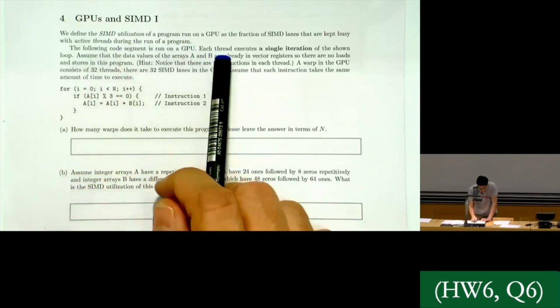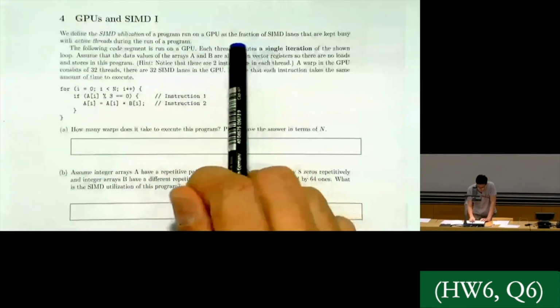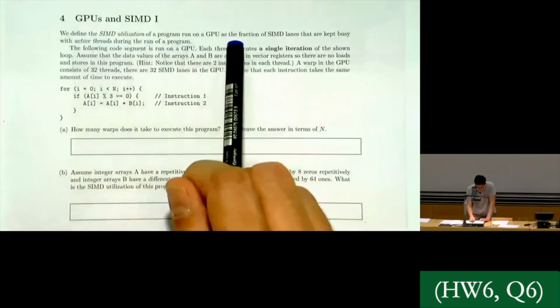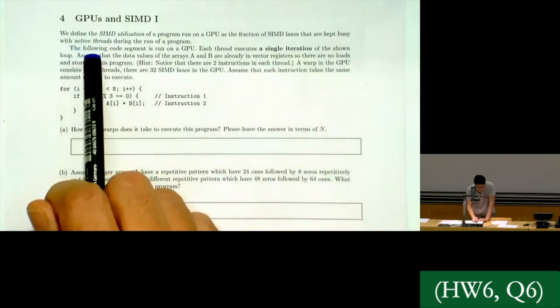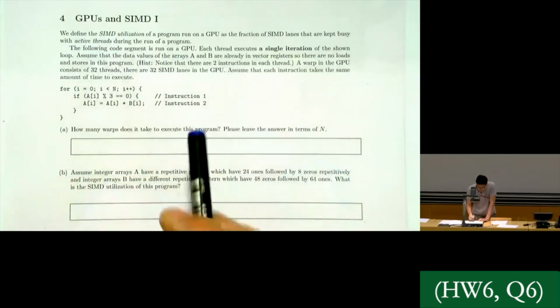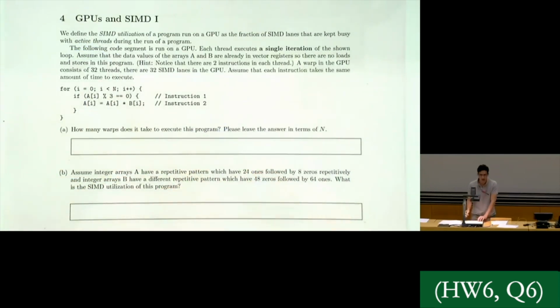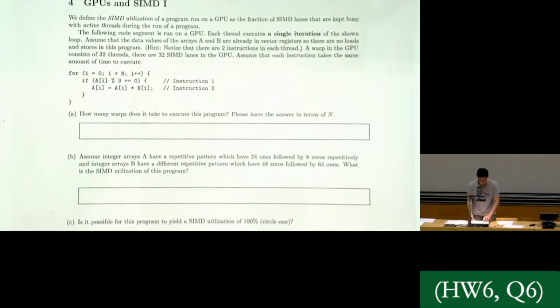SIMD utilization of a program run on a GPU is defined as the fraction of SIMD lanes that are kept busy with active threads. When are we going to have active threads? Well, when we actually execute some instructions for these threads.